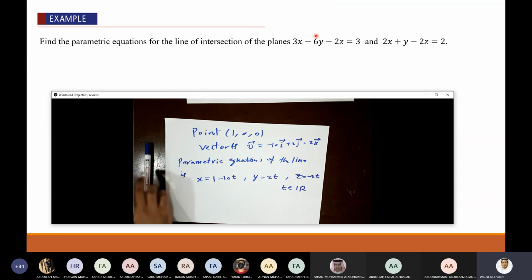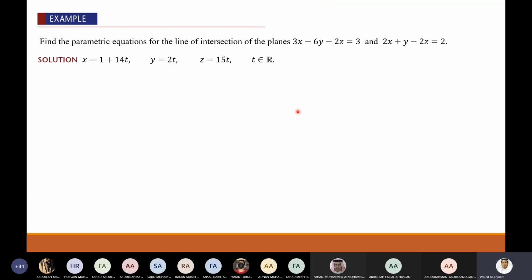We can change t to anything, but let me check the normal vectors: 3, negative 6, negative 2 and 2, 1, negative 2.